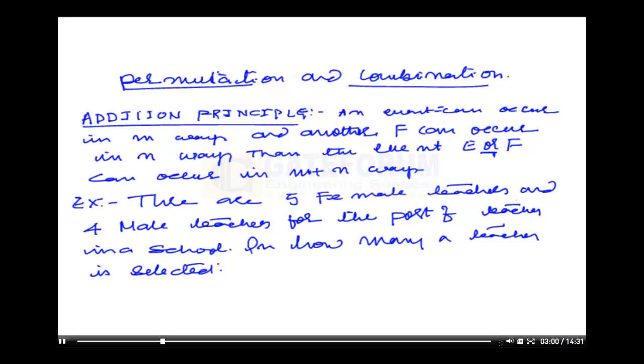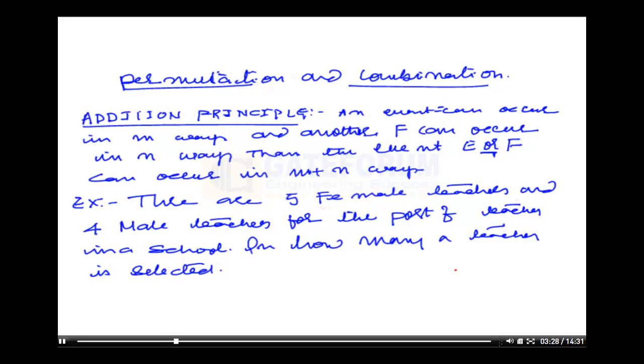So if you want to select only a female teacher, you can do so in any one of the 5 ways, because 5 female teachers applied for the post. Similarly, 4 male teachers applied for the same post. The question in how many ways a teacher is selected means there is no condition on who has to be selected.